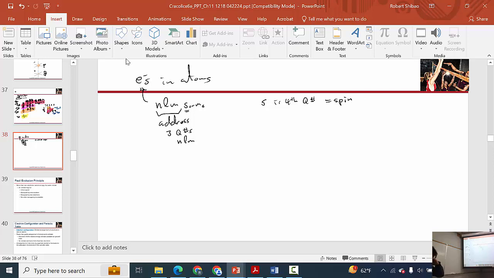And what happens is these electrons behave like little magnets. So for example, an electron could be a little magnet with the north pole up and the south pole down. And so it acts like a little magnet. And we call this magnetic spin. When it's like this, it's called spin up.